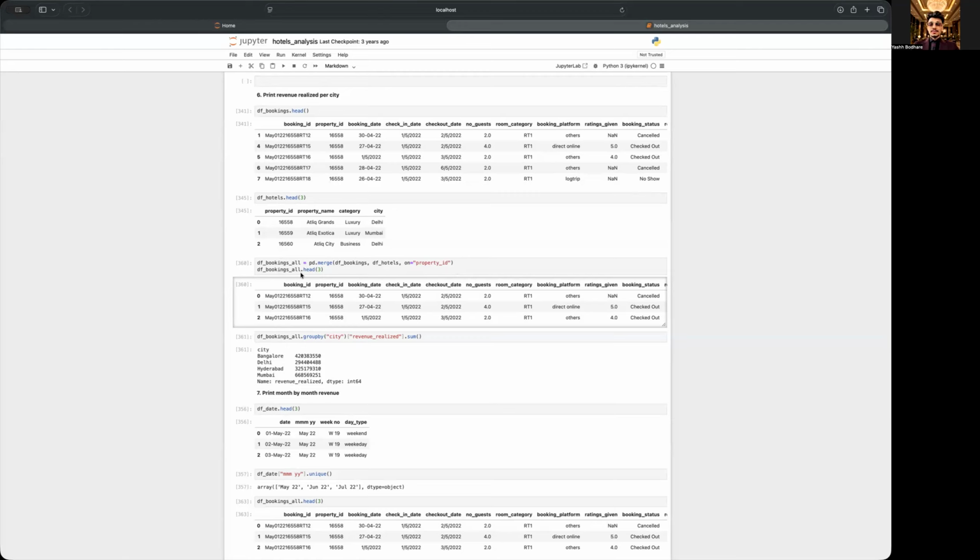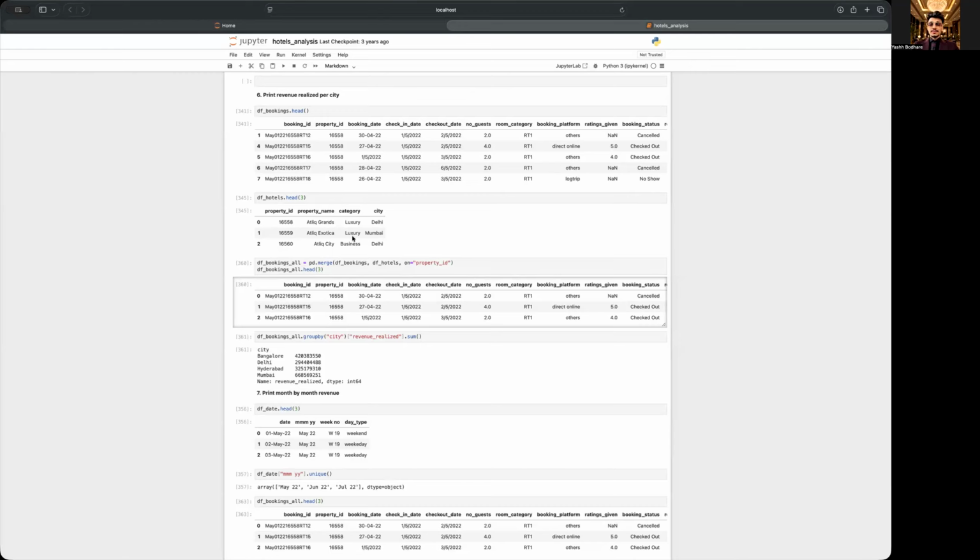Now I'm using pd.merge to combine two data frames, df bookings and df hotels, because we don't have the city column in the df bookings table. We are creating the df bookings all data frame, which is going to have a merged data set of both sets of columns.